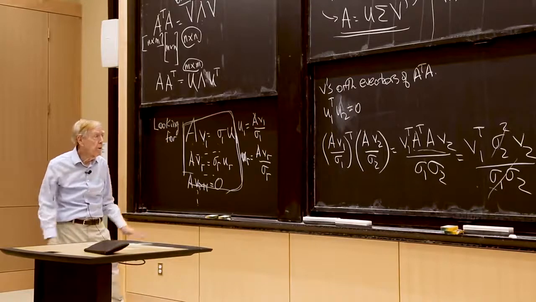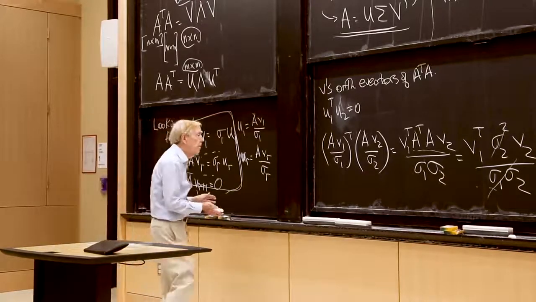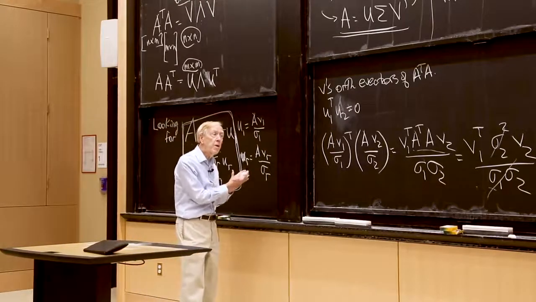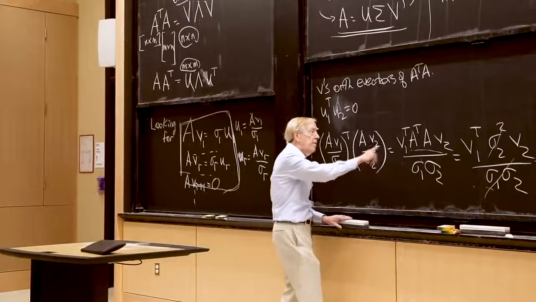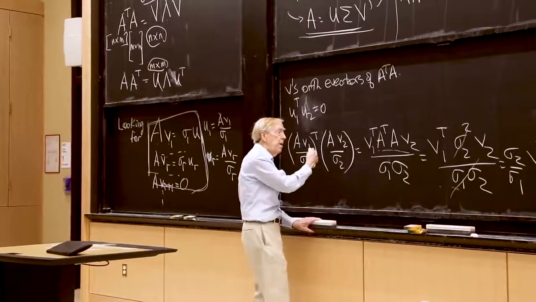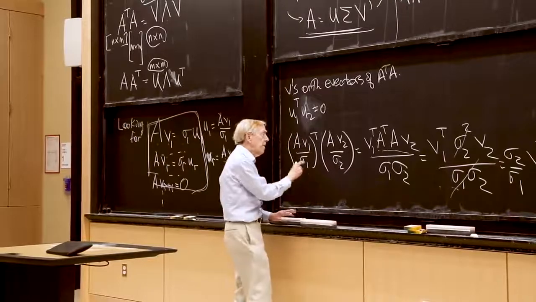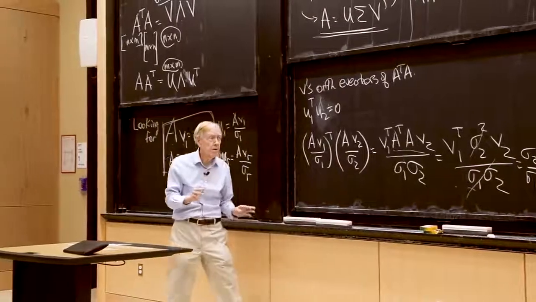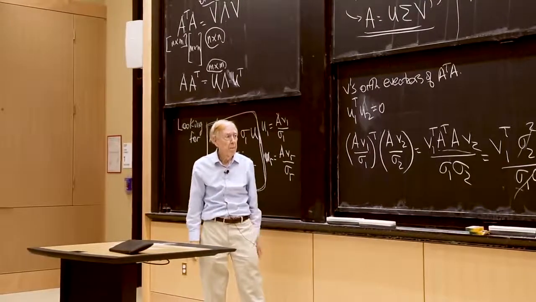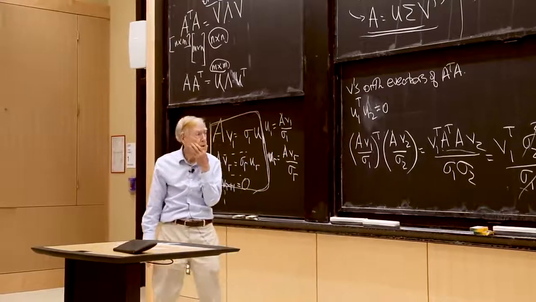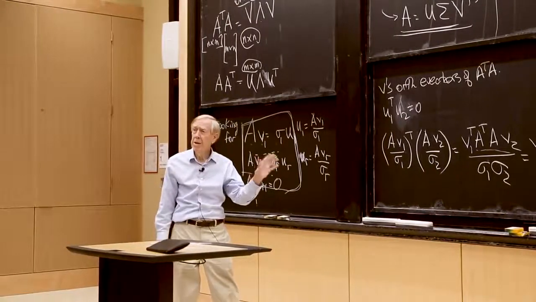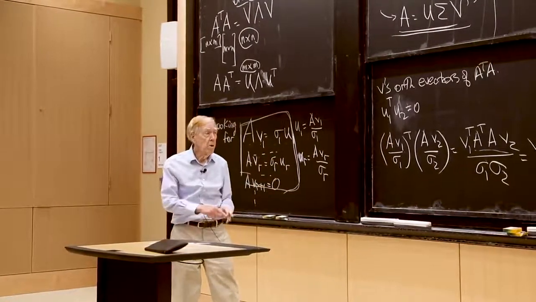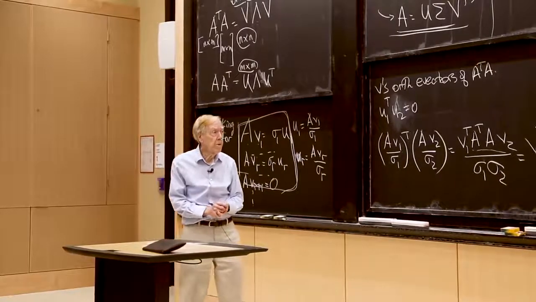Yeah. So not only are the V's orthogonal to each other, but because they're eigenvectors of A transpose A, when I do this, I discover that the AV's are orthogonal to each other over in the column space. So orthogonal V's in the row space, orthogonal AV's over in the column space.